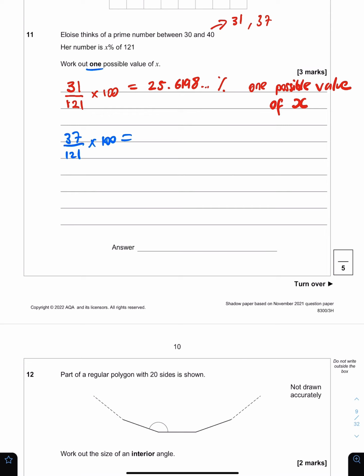That would give you 30.5785... percent, and that's the other possible value of X. So there are two possibilities, so you don't have to write both of them on the answer line. That's why I've written it in red and in blue.